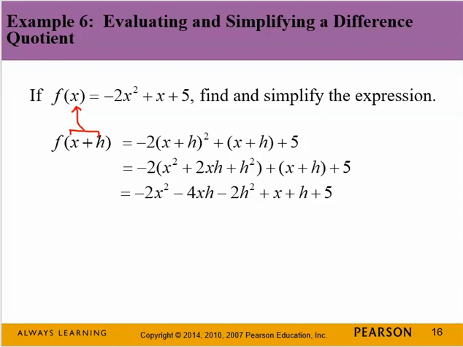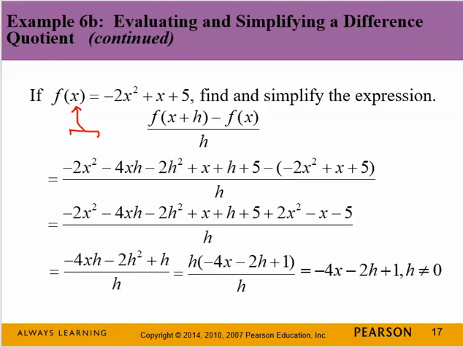Now in the next slide, as we continue this, we now need to finish the expression because now we're going to subtract from what we had in the previous part, which was this.